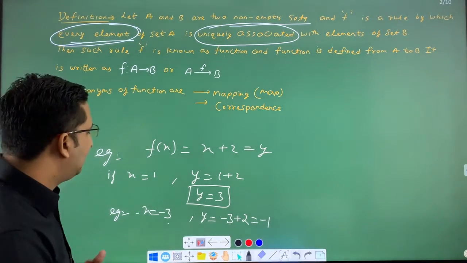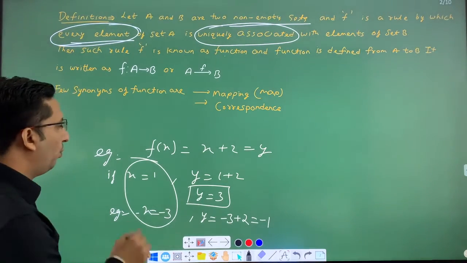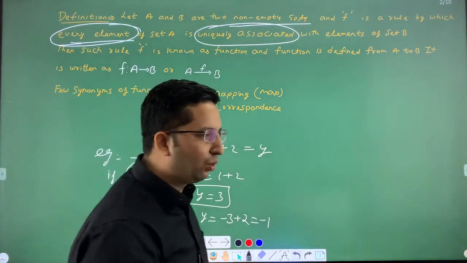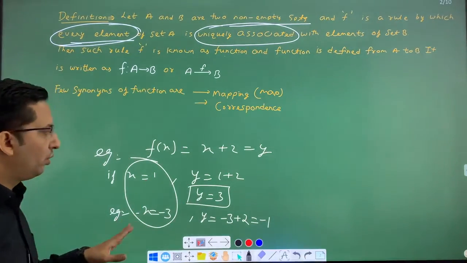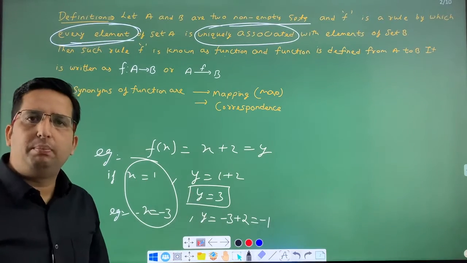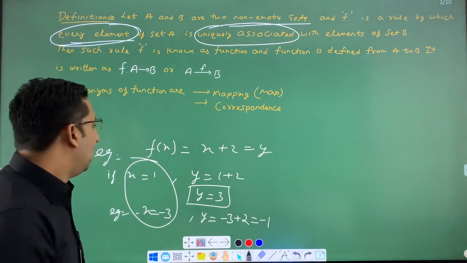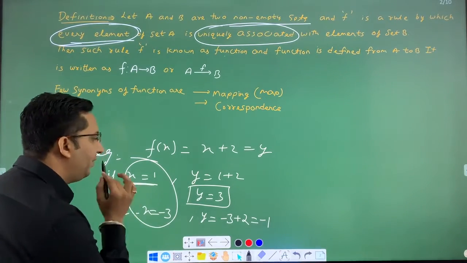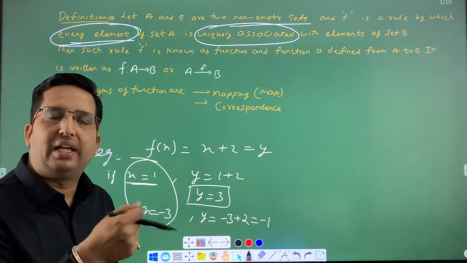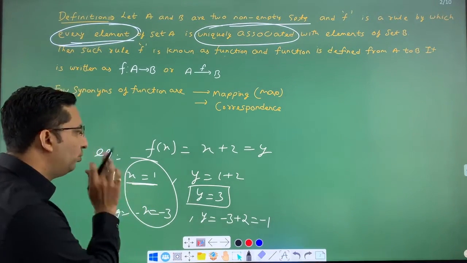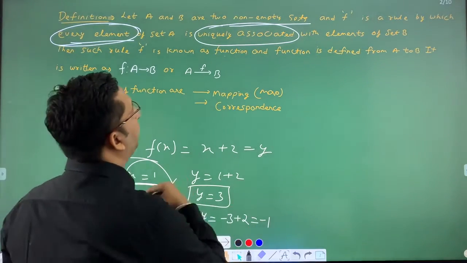So here, by substituting different values of x, I get different values of y. It is not necessary that different values of x give different values of y. The main thing we need to know is that if I substitute a single value of x, we get only a single value of y corresponding to it.